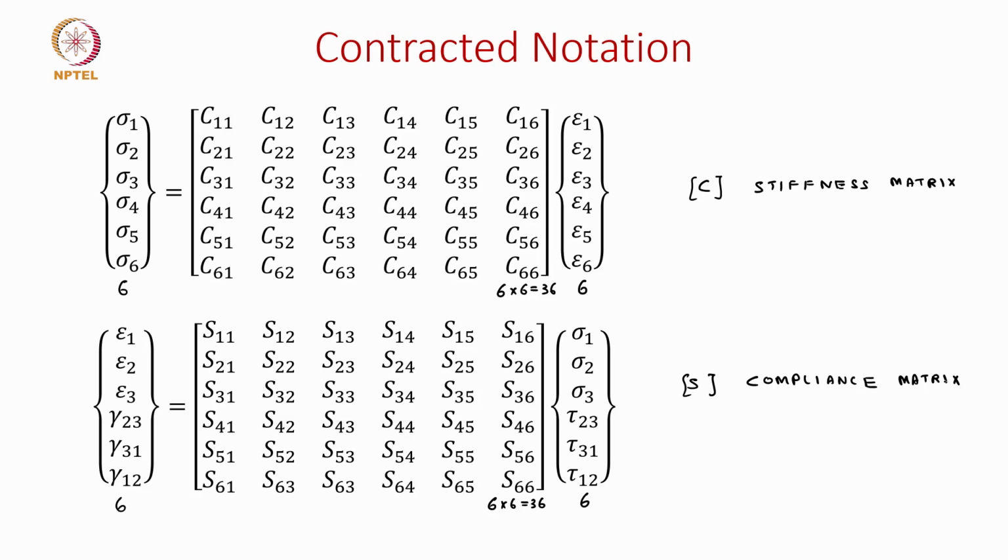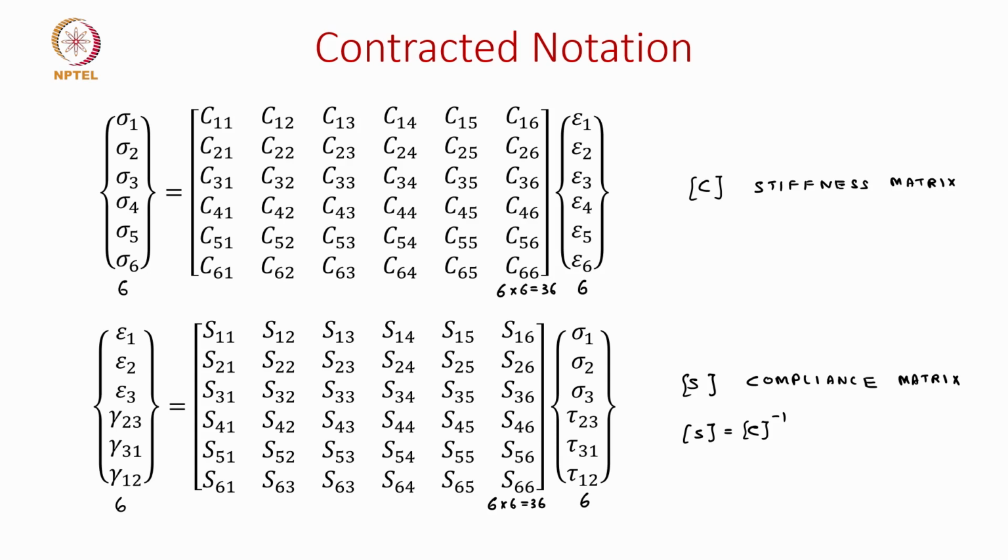If you look carefully, we see that there is of course a relation between the stiffness matrix and the compliance matrix, saying that these are inverse to each other. The inverse of the stiffness matrix should give you the compliance matrix, and similarly the inverse of the compliance matrix should give you the stiffness matrix.